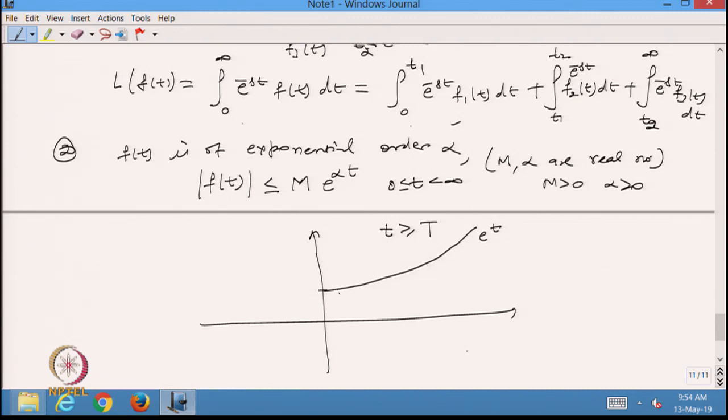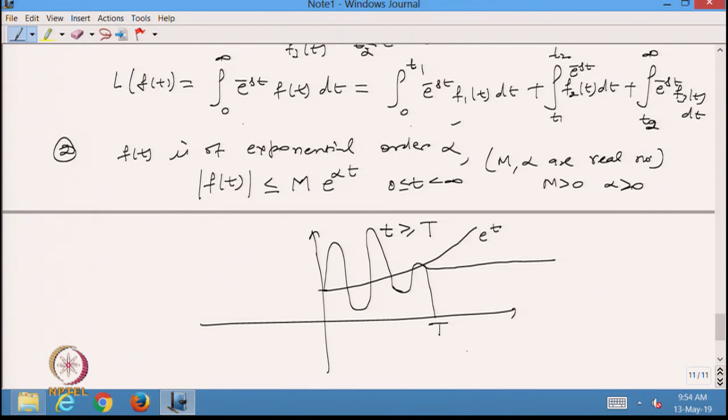So, I just draw this function again. My function is like this, and then after this value, from here I choose this point and call it capital T. From here you can see that my function is always below the function e raised to power t.